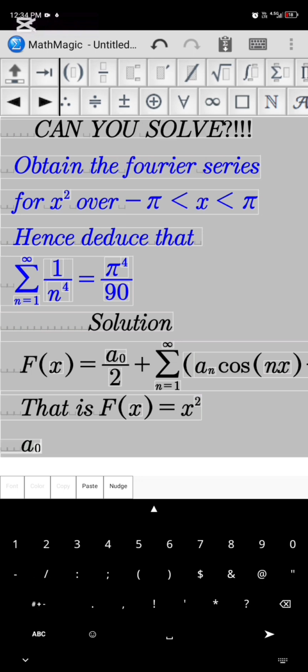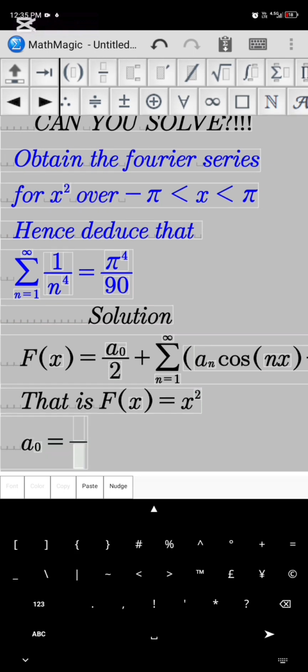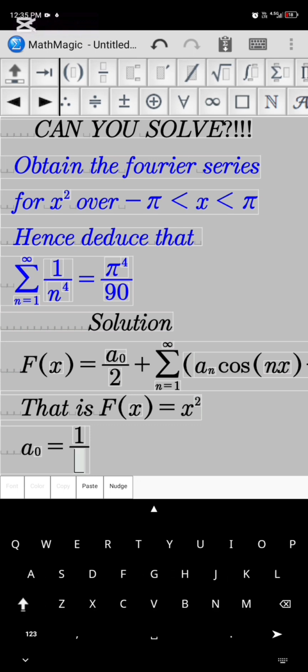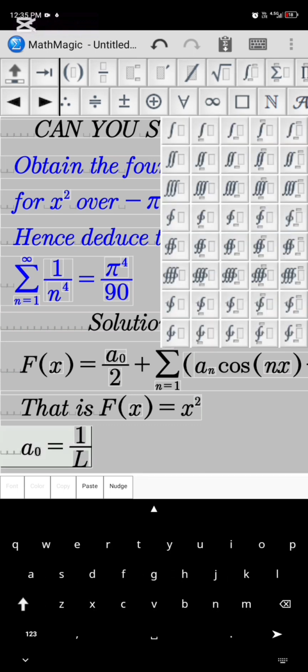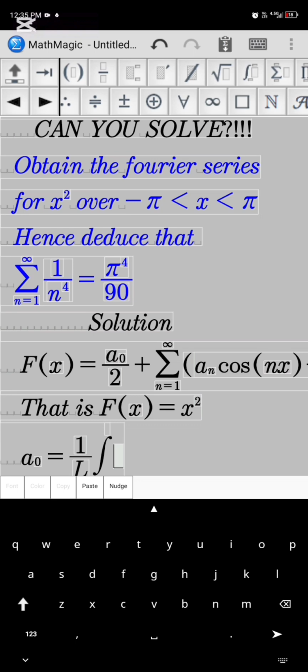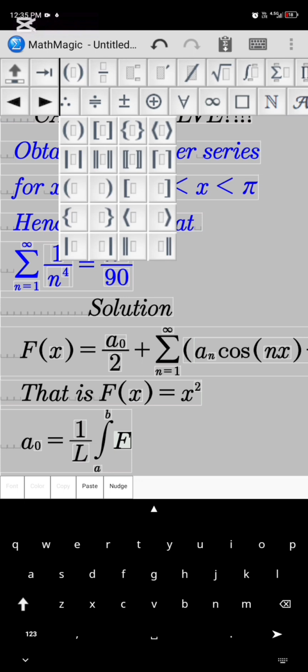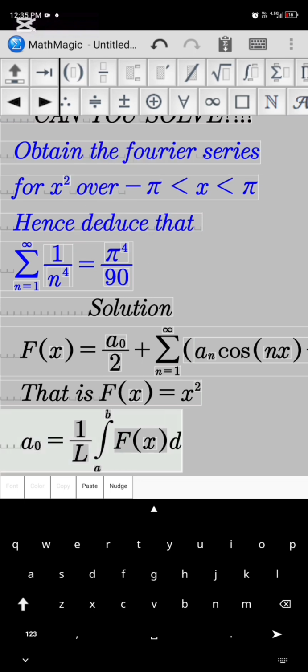So your a naught is calculated using this formula. a naught is equal to 1 over L, integral running from a to b, of f of x dx. That's the formula for calculating a naught.